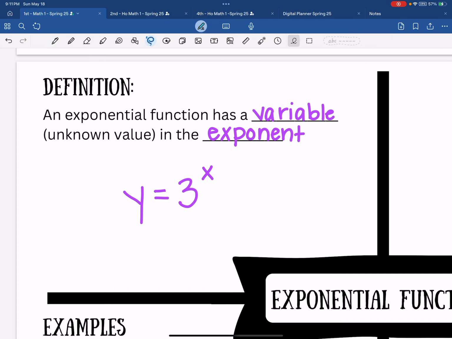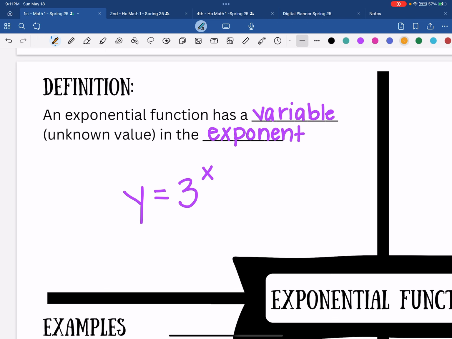The number at the bottom is my base, and then we raise it to the variable, the unknown. So I could put a 0 here, or a 1, or a 2, or 100. It tells me how many times that 3 is going to be multiplied.